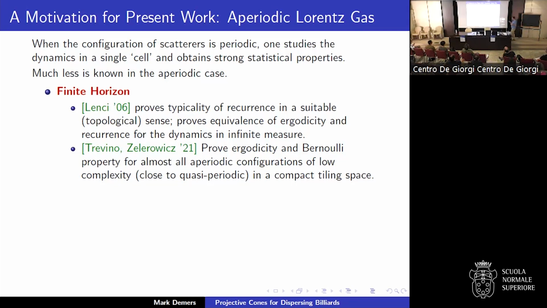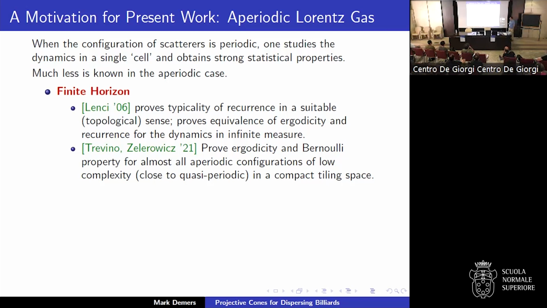In the aperiodic case, there's a lot less known, so just a few references, and this is not a complete list. In the finite horizon aperiodic case, Marco Lenci proved for some special models typicality of recurrence, and that recurrence was equivalent to ergodicity in the infinite measure setting.